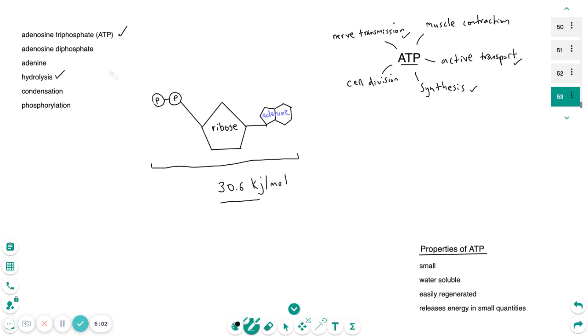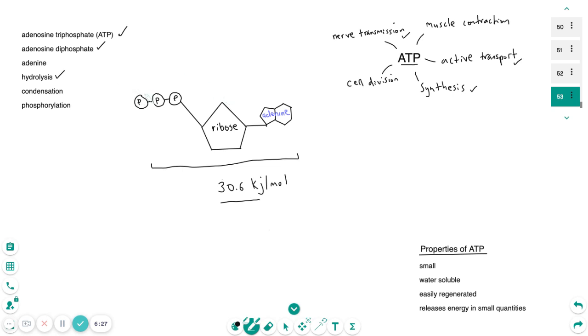If we want this molecule to be useful again, we need to add the phosphate back on, and that's why we're respiring. Once that's been made, it's useful again, and it can enter anything where it's needed, for example nerve transmission, muscle contractions, active transport. So that's constantly being replenished.